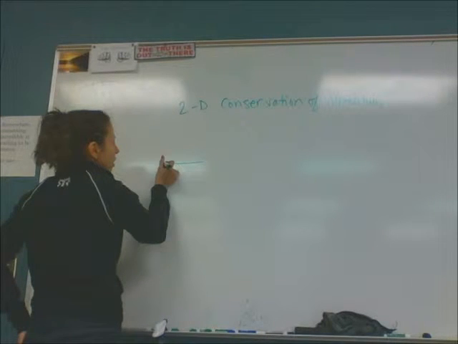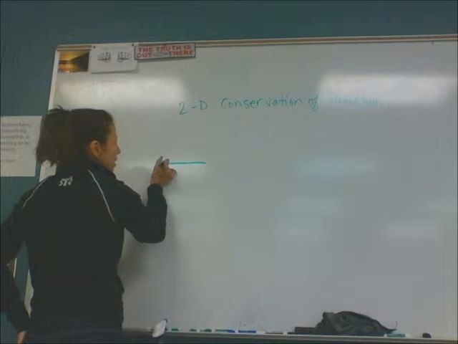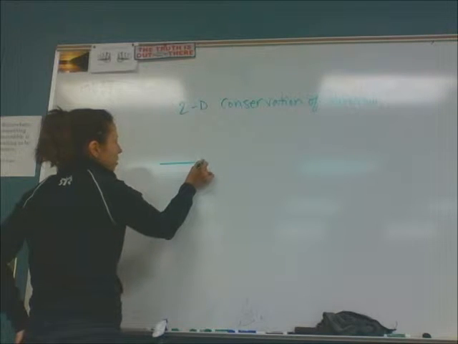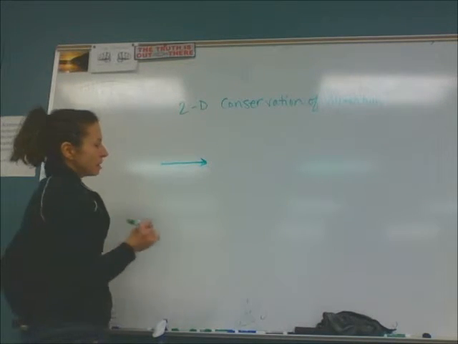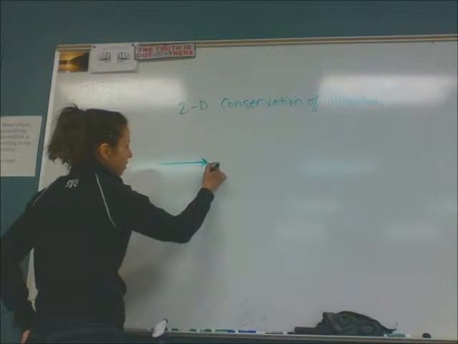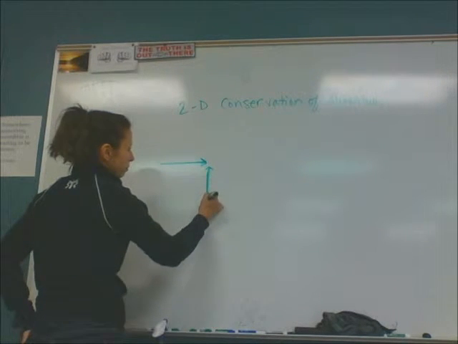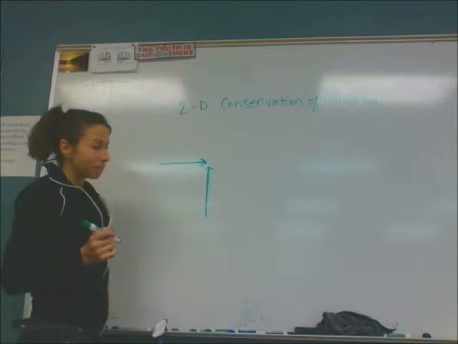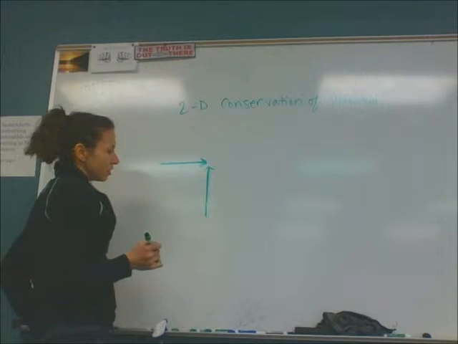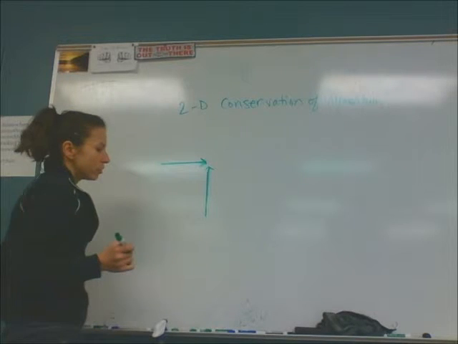So let's say you've got one that's going this way and one that's going this way. They collide. After the collision, the two objects stick together and move together.